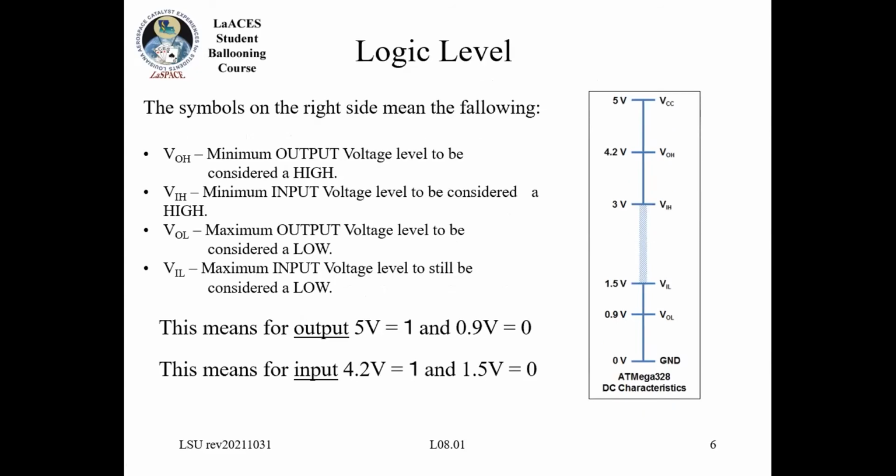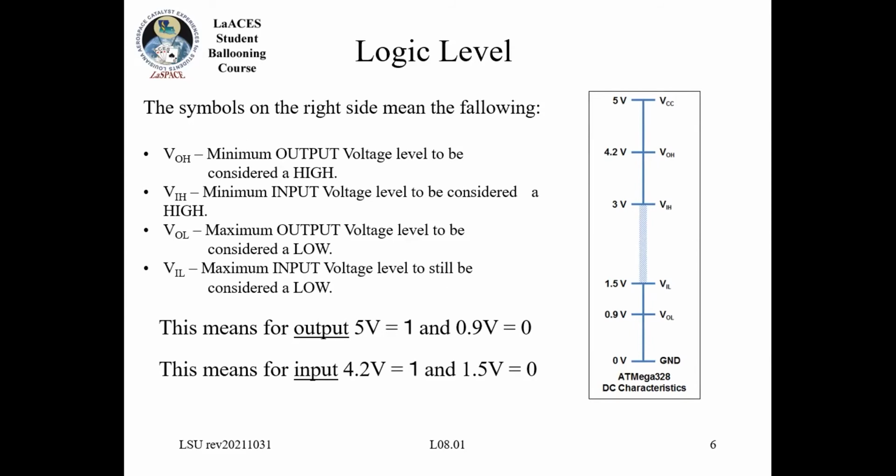So this is, again, what I just went over, right? VOH, minimum output high. VIH, minimum input high. Similarly, output low, input low.